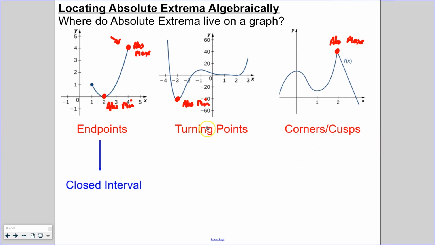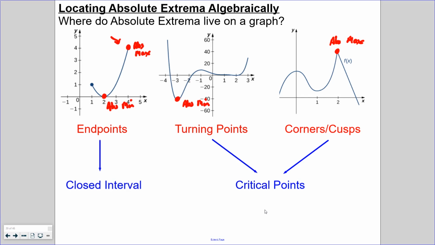And we know that turning points and corners and cusps happen at critical points. So therefore, we can say that absolute extrema have to exist at endpoints on closed intervals and have to exist at critical points. So using those two pieces of information, we can find absolute extrema algebraically.